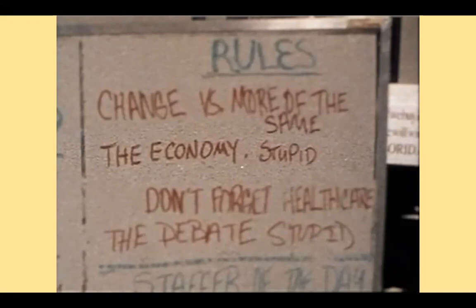Story goes that James Carville, who was a controversial character to say the least, when he was working in the first Clinton administration, put this up on the whiteboard in the West Wing. He wrote, "The economy, stupid." And legend has it that this is where this saying originated.